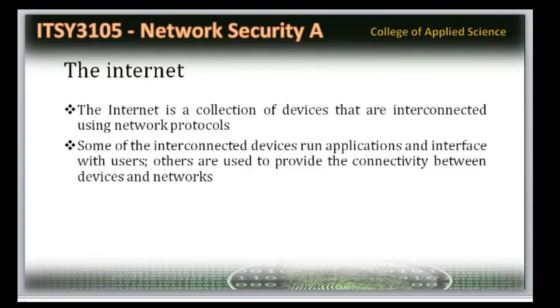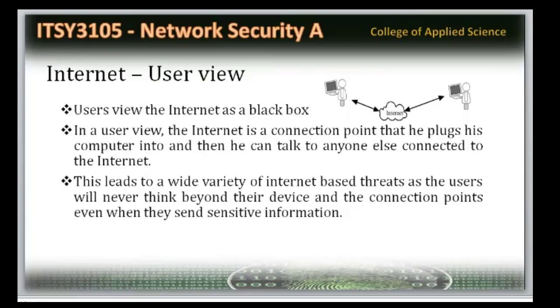Now, if you see the user's view, a common user is going to see the internet as a black box. He is not going to understand what is going on inside. You can see this is user 1 and this is user 2. They are sitting in different places.